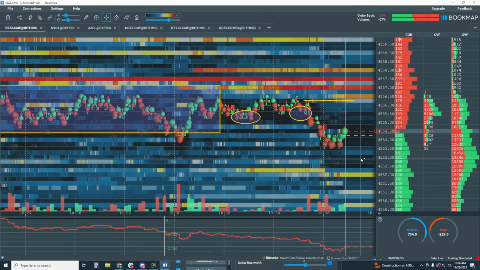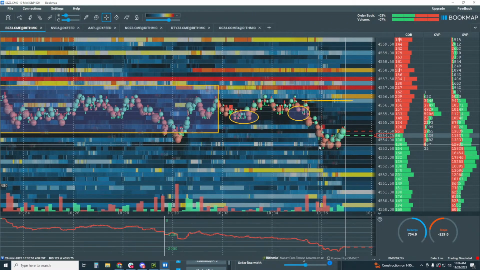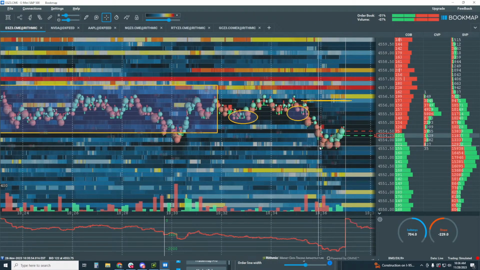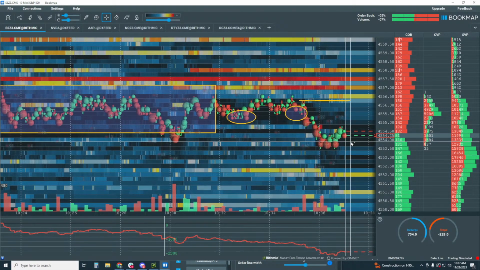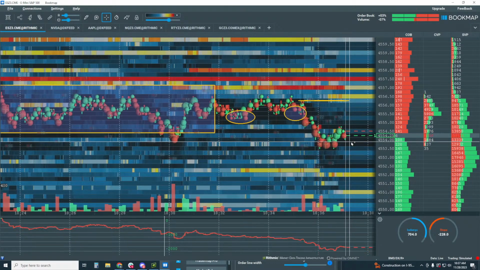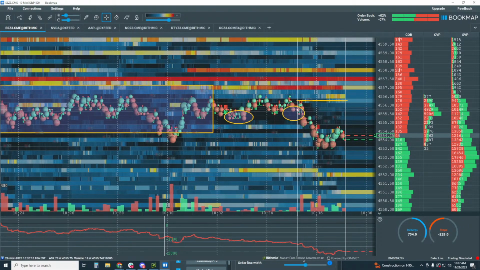Okay, a bit of a pullback, still more selling in this area though. Let's see if we can get our sellers again in here, and then the move lower, 52.